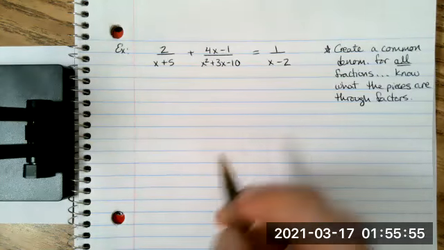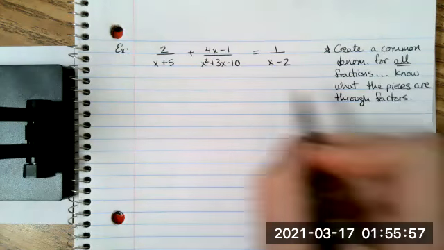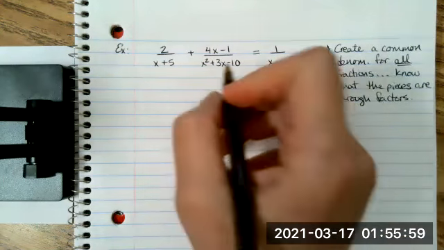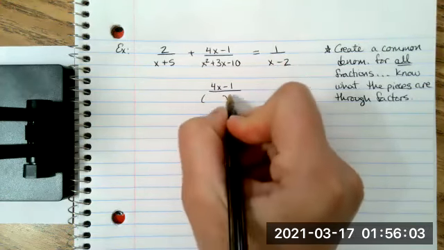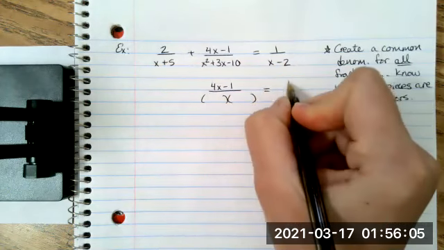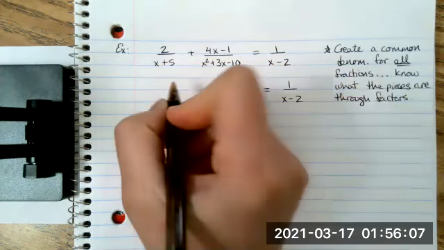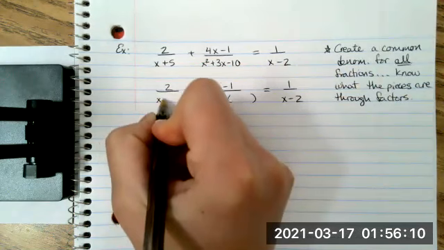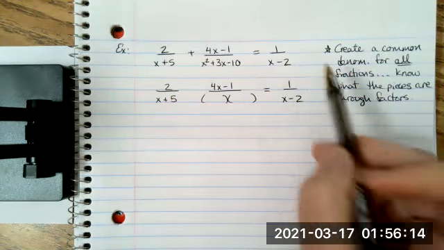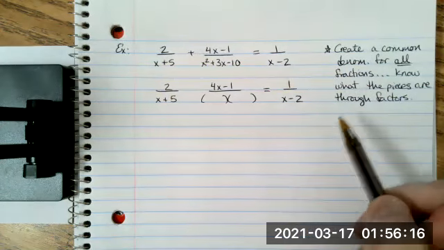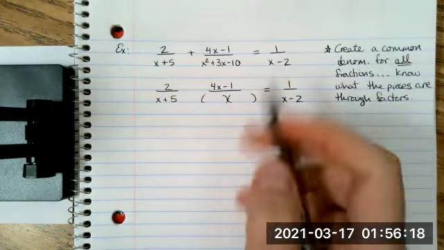Hopefully it doesn't while I'm still recording, but let's go ahead and factor the one piece that can be factored in order to figure out what its pieces are. So what I'm doing in this row is I'm writing out the first fraction, which doesn't have anything to factor. The last fraction doesn't have anything to factor, but my middle fraction does.